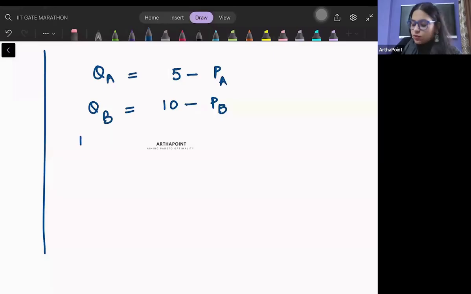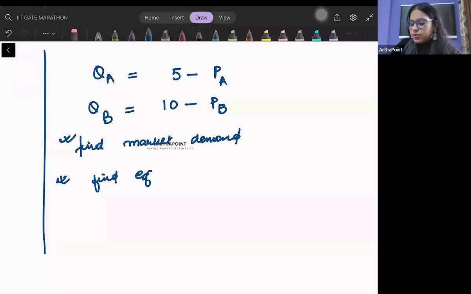And I'm asking you find market demand, and sometimes it will ask you find equilibrium price या equilibrium quantity. Supply curve दे देंगे आपको.